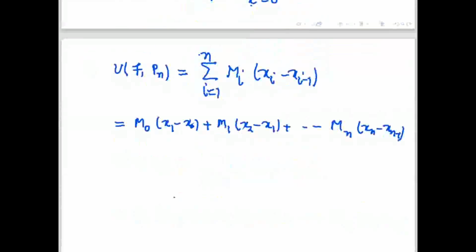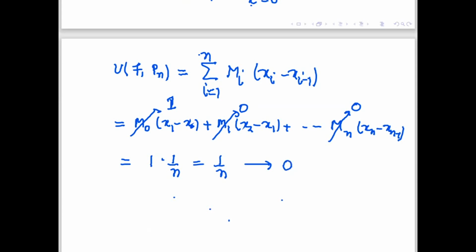So putting in those values, all are 0 and this value is 1. So we get 1 times the length of this interval, 1 by n. As n tends to infinity it goes to 0.